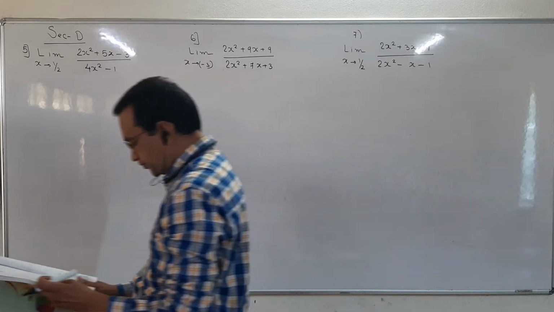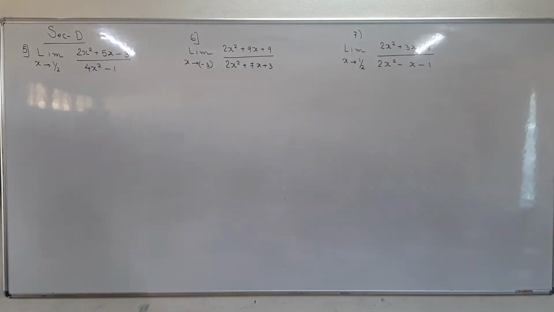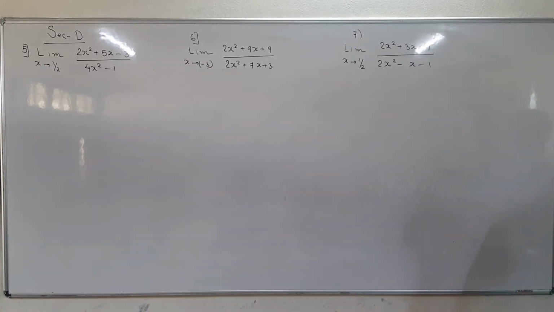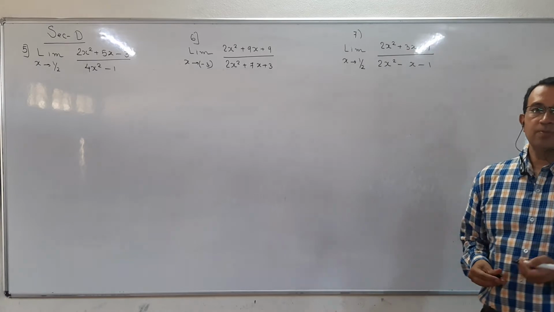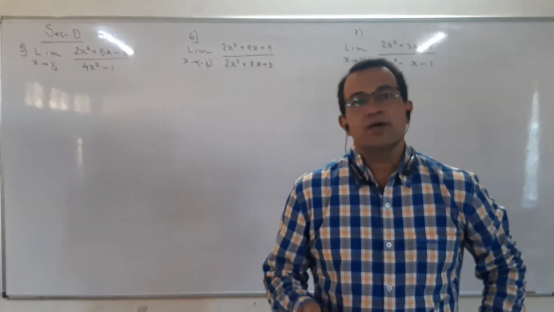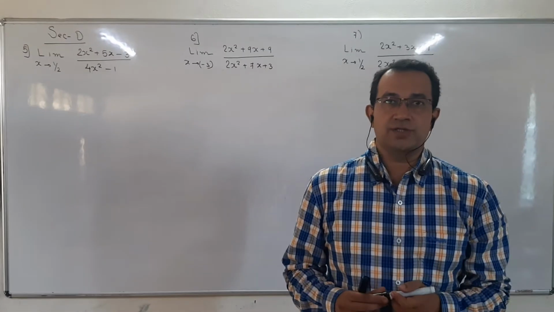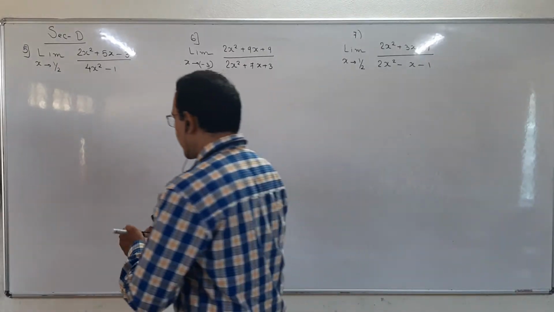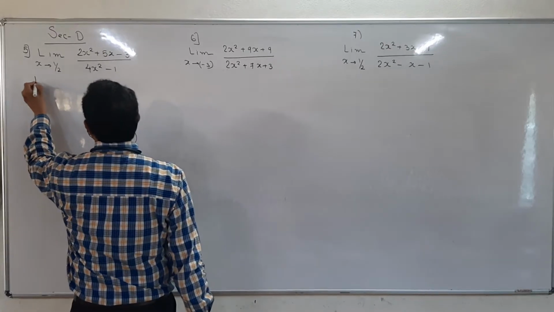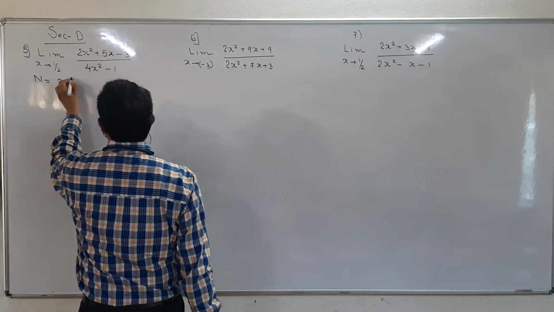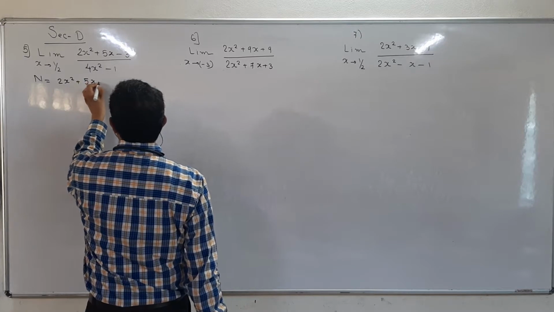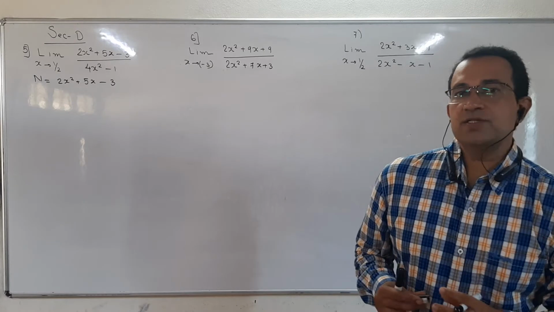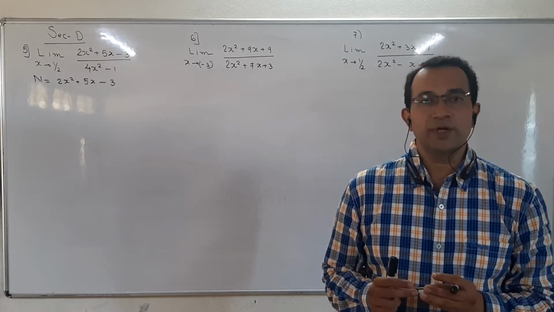Okay, students. Now, all of you please concentrate, because here limit is only in one step. The basics are for factorization. If I factorize numerator, then numerator is twice x square plus 5x minus 3. This is, students, our numerator.